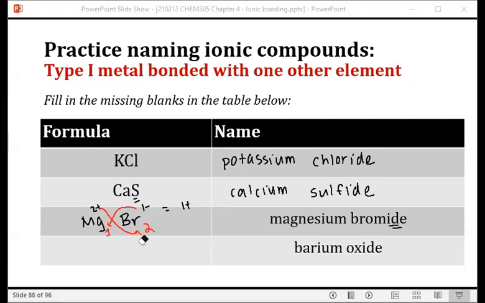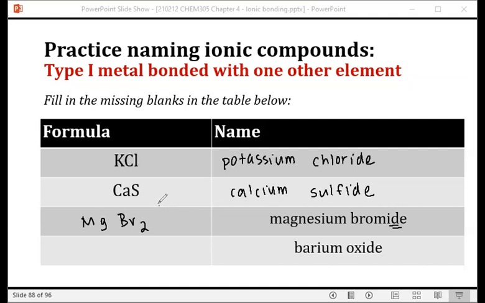So if we get rid of the extra text that I put in here, get rid of those arrows. Here we go. We get magnesium, Br, and we ended up with the 2 here.